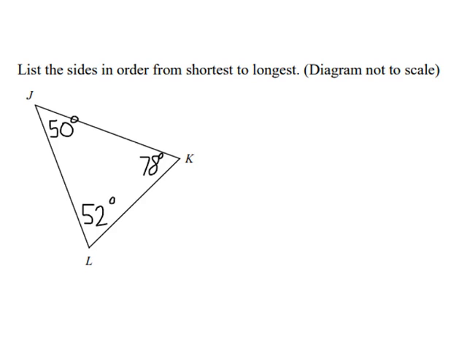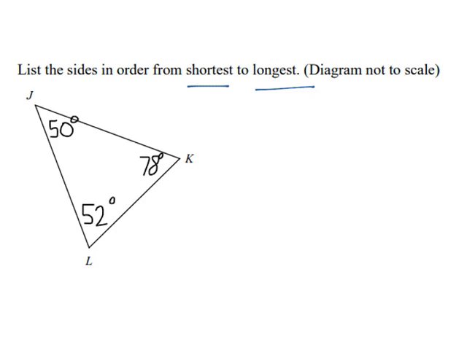All right, let's go to the next one here. List the sides in order from shortest to longest. This is really important because remember, which side is largest or shortest is dictated by the angles.